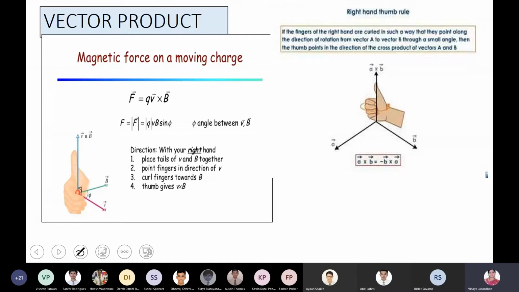In the same way, suppose I have a magnetic field. A magnetic field exists between two magnetic poles. Say I'm taking a U-shaped magnet. The direction of the magnetic field is always from north to south. Suppose a charged particle, say a proton, is going to enter the magnetic field.